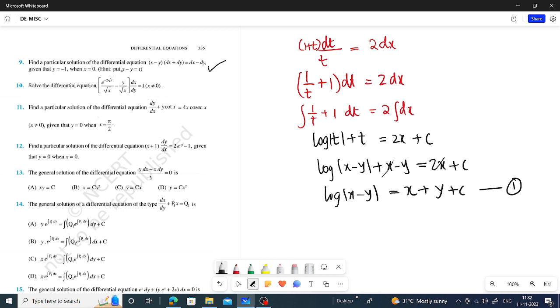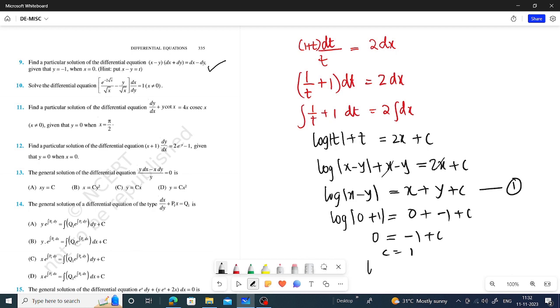Now we substitute x is equal to 0, y is equal to minus 1. So logarithm of 0 minus y is logarithm of minus minus 1, that is logarithm of 1, equal to x is 0 plus y is minus 1 plus c. Logarithm of 1 is equal to 0, we know, so 0 equals minus 1 plus c, and minus 1 goes to this side, so it becomes 1, c is equal to 1.